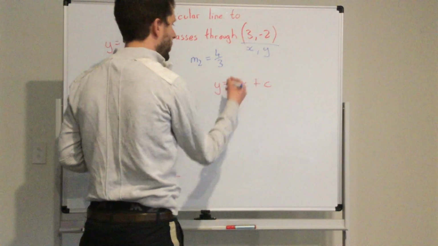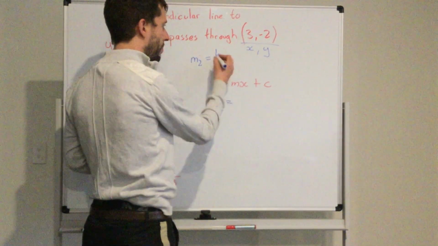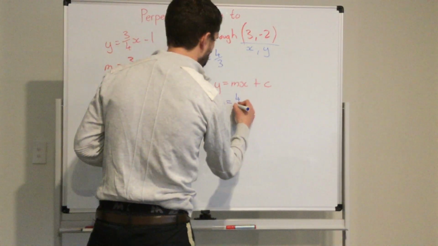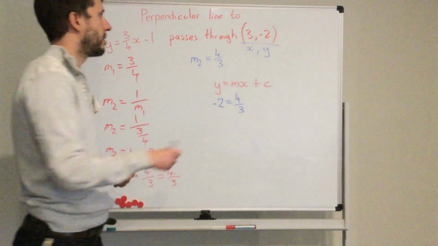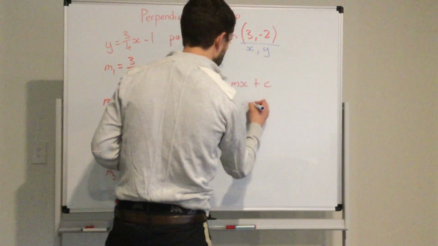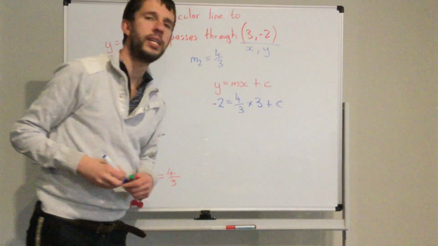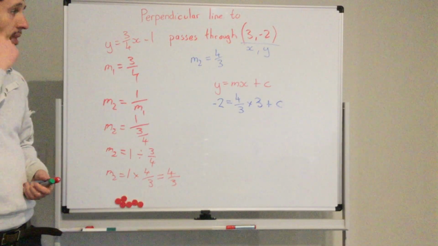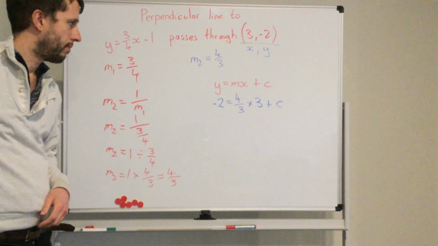Y is negative 2 equals m, which is 4 over 3, times x, which is 3, plus c. C is the unknown. So let's have a go.